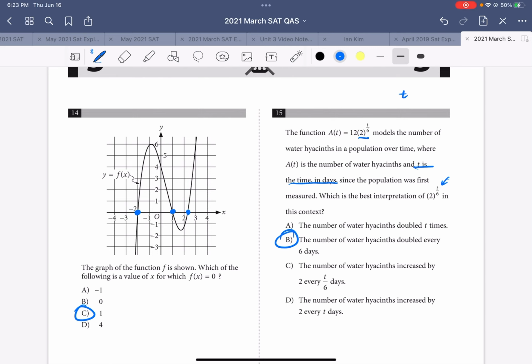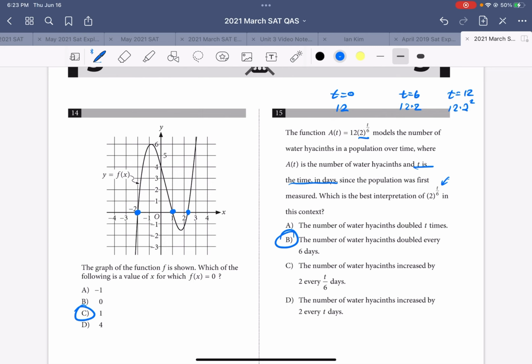So initially, when t equals 0, it is 12. When t equals 6, it is 12 times 2, because 6 over 6 is 1. And when t equals 12, it is 12 times 2 to the power of 12 over 6, which is 2 squared. It shows it will double every 6 days.